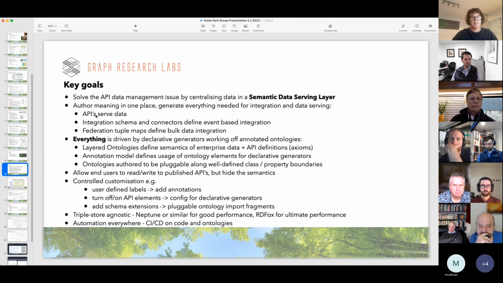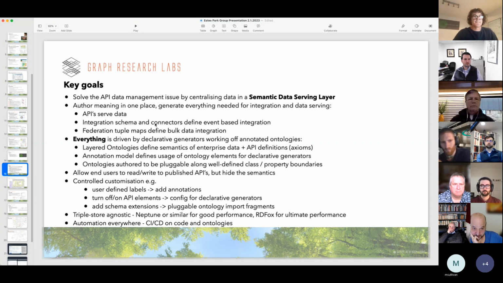So APIs serve the data. Nobody's exposed to SPARQL. People seem to be resistant to learning it. The schema required for integration, and then the connectors that use the integration schema for event-based integration, all of that's defined. So you have mechanisms to create APIs, to create integration at an event level, and also to create integration at a bulk data level.